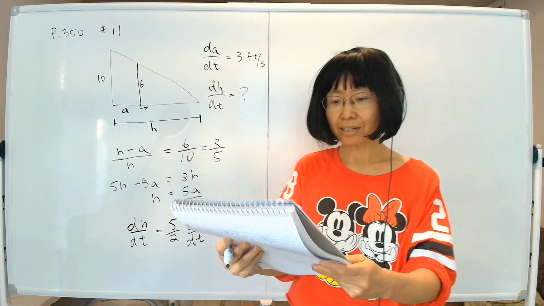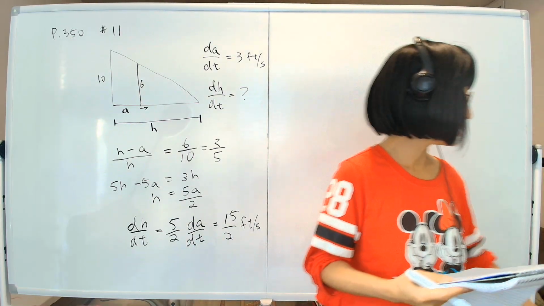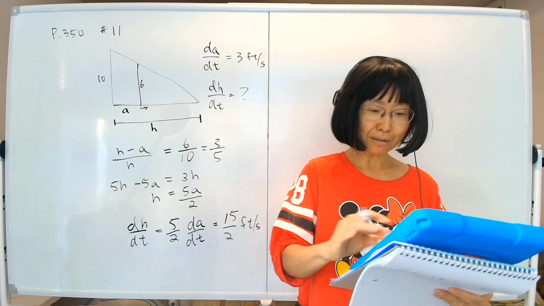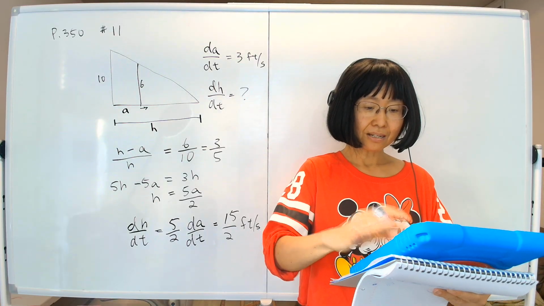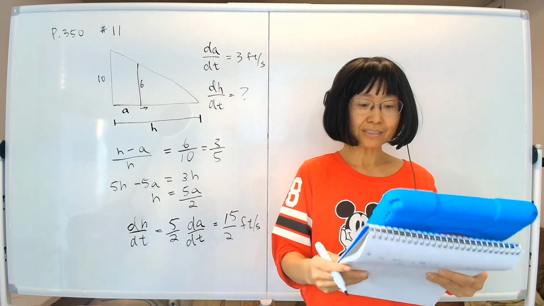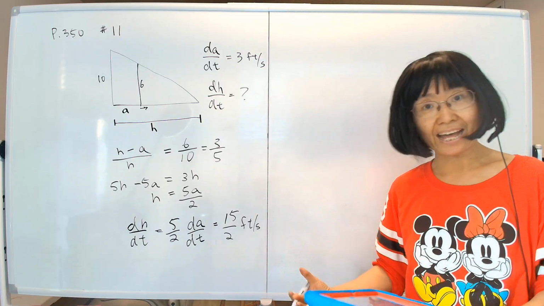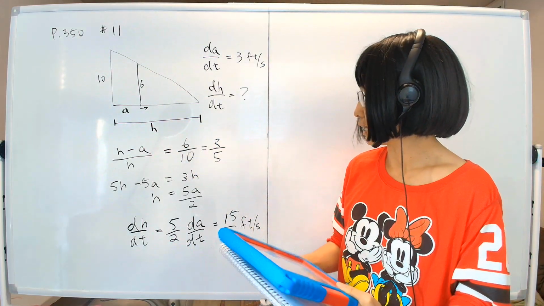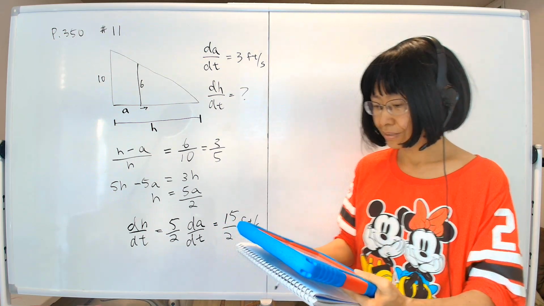Now, having done that, let's look at the next problem, problem number 11. It asks, what is the rate at which the tip of the shadow moves away from the guy, at the exact point where a equals 10?